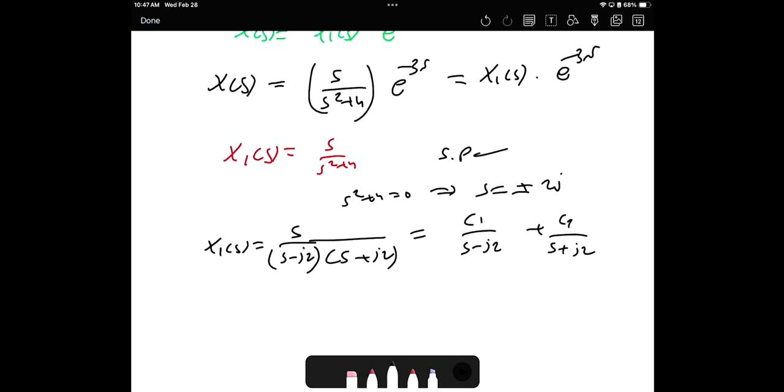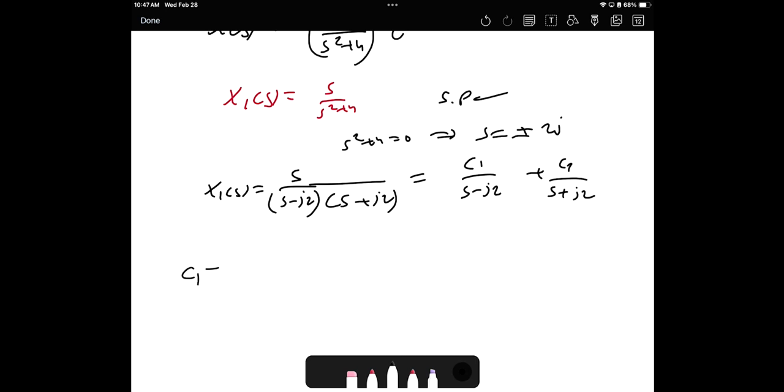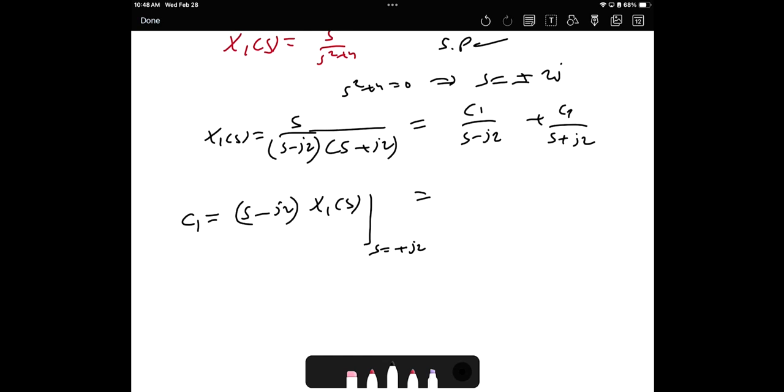How to find c1 and c2? To find c1, we take s minus j2 times X1 of s and substitute s equal to positive j2. So this is s minus j2 times s over (s minus j2)(s plus j2).